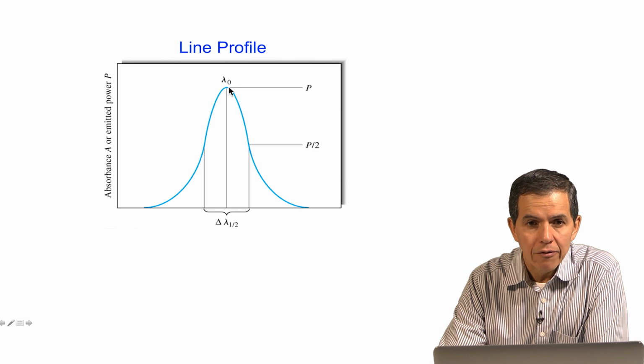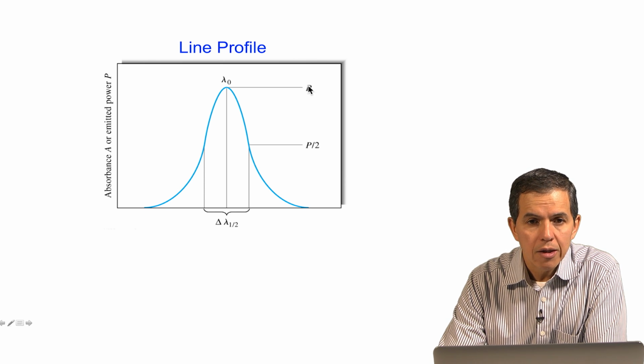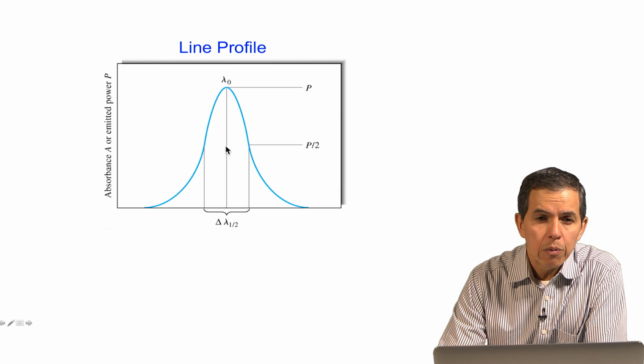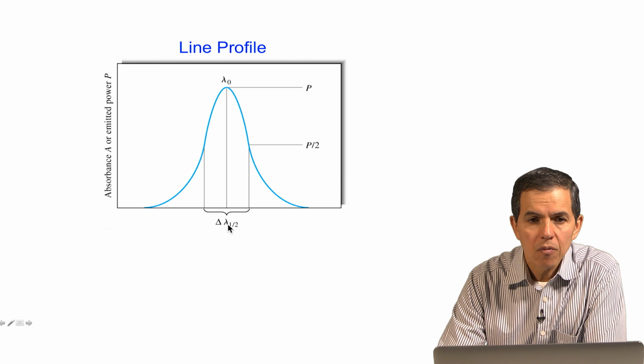At that point, we have a given intensity P. The intensity is an important property because it allows us to quantify the abundance of an element. The second component of the line profile is the width, usually represented as the width of the profile at half maximum, that is at P/2, and is represented by delta lambda 1/2.